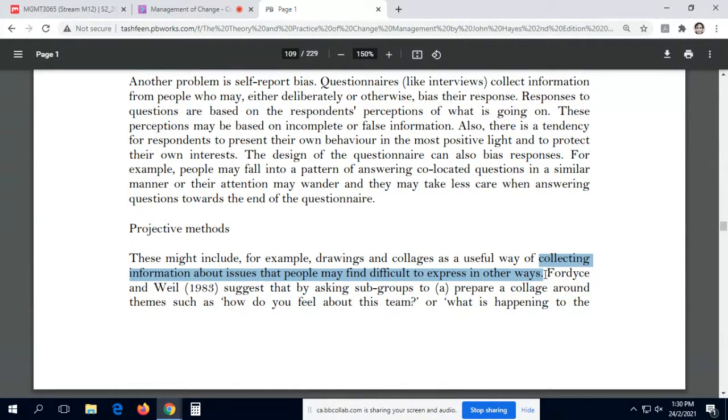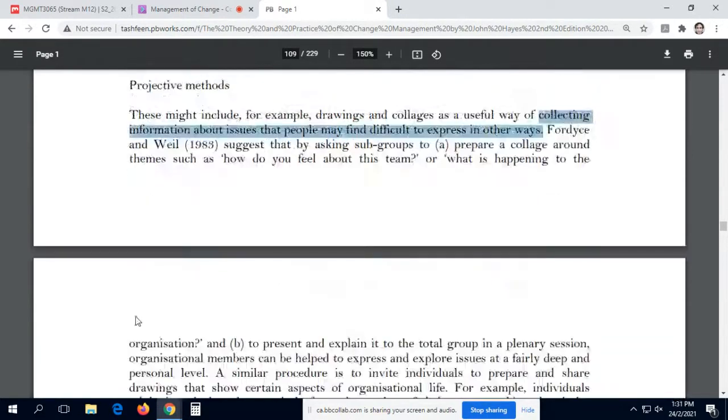If you have to explain those things in written form, it will be difficult unless you are an expert writer and can write extremely well. For an ordinary person like you and me, a picture sometimes tells more things. Yeah, so that would be projective methods.